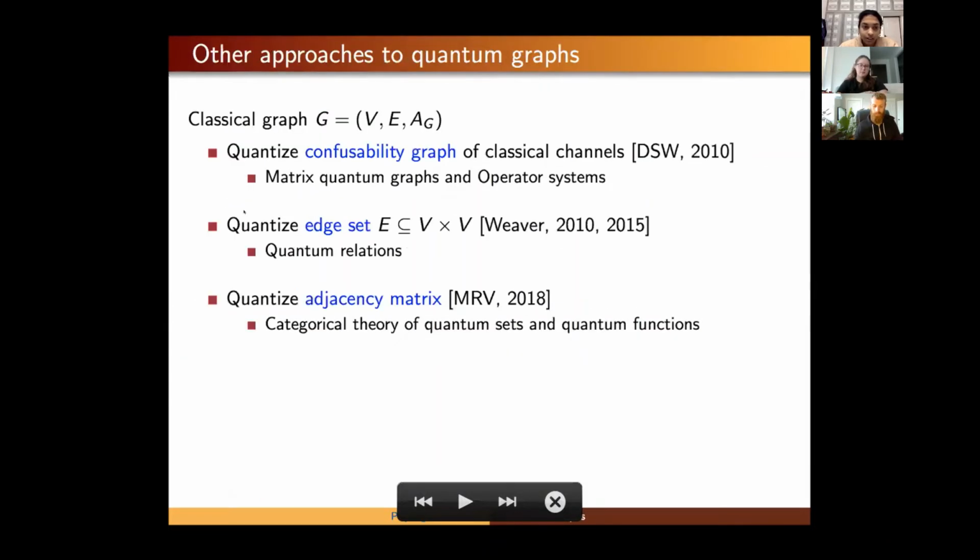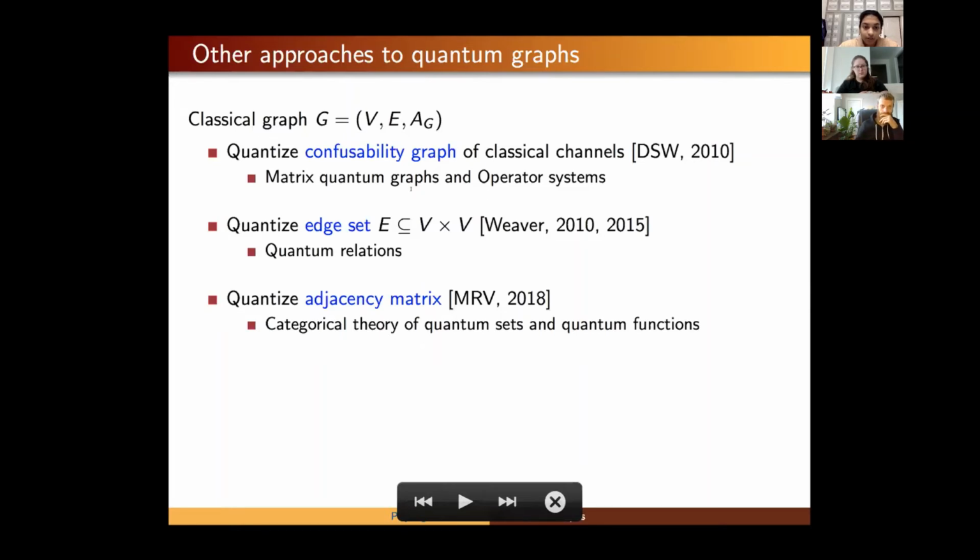But other than that, quantum graphs have also appeared in other branches of mathematics independently and have been studied in various disguises. So here is a short list of the main perspectives on quantum graphs. The first one is that quantum graphs can be viewed as a quantization of the confusibility graph. This is what I was saying on the previous slide. You can think of them as operator systems and matrix quantum graphs.